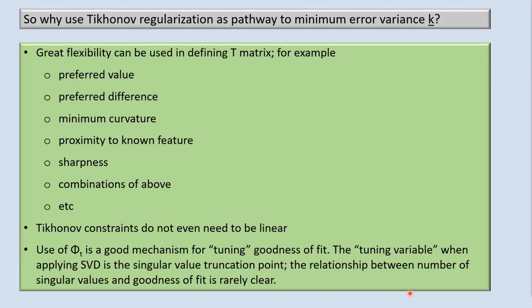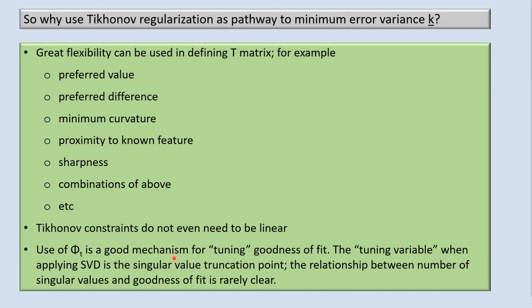In theory, this can all be embodied in a linear or nonlinear Tikhonov set of constraints in a Tikhonov matrix, or a nonlinear equivalent of that matrix. Sharpness filters, so that we can say, for example, that if heterogeneity arises at a certain place, we would like the boundary between the two different property values to be rather sharp rather than smooth. All of these options are open to us if we seek solution to the ill-posed inverse problem using Tikhonov constraints.